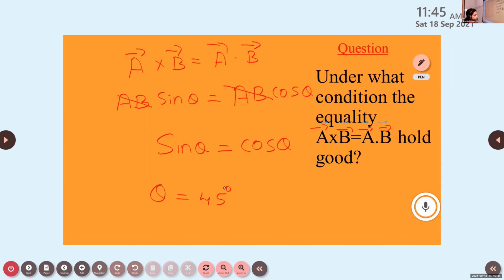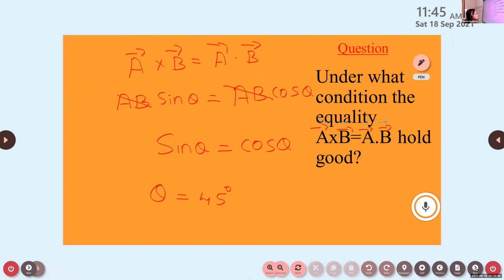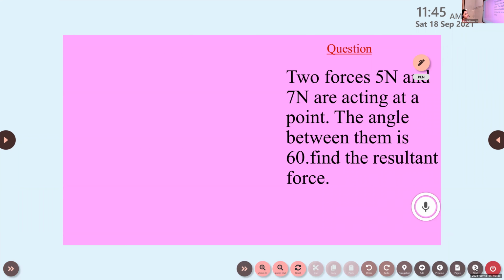Okay, we have one more question. Two forces, 5 Newton and 7 Newton, are acting at a point. The angle between them is 60 degrees. Find the resultant force. We have two force vectors, F1 and F2, but their vector components are not given.